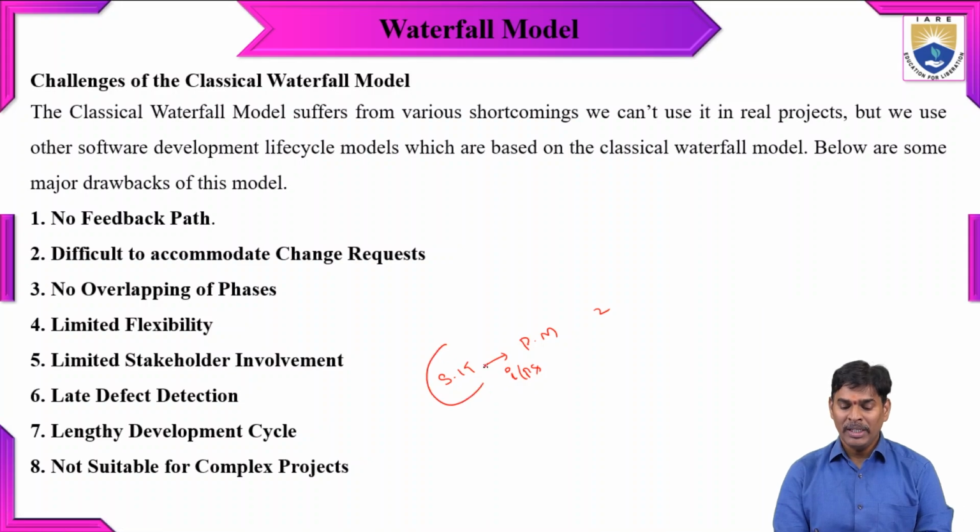In the middle he will not interfere to view the changes or give different inputs to the project. That's why we call it limited stakeholder involvement. It means that only in the early stage do the stakeholders give inputs to the project management. After completion only, he will come to know what the hurdles in the software project are.